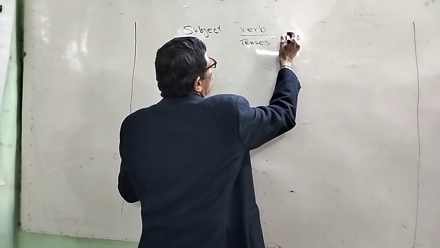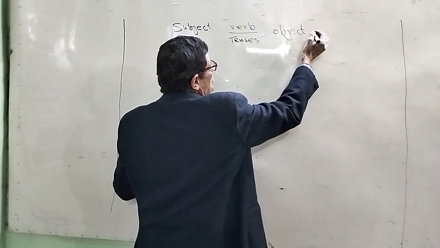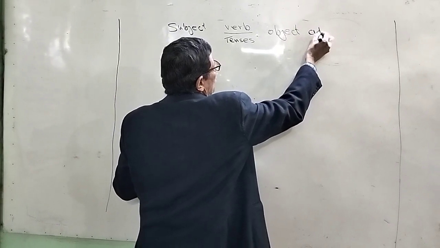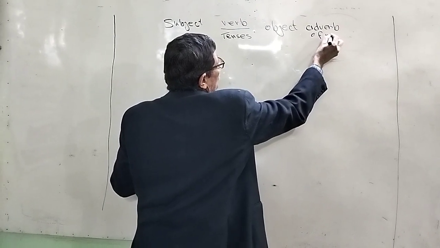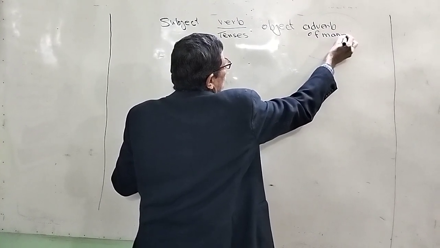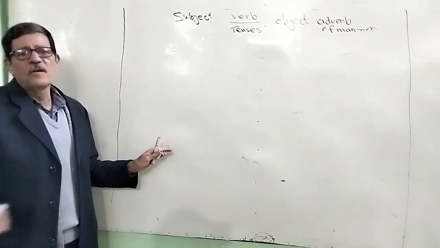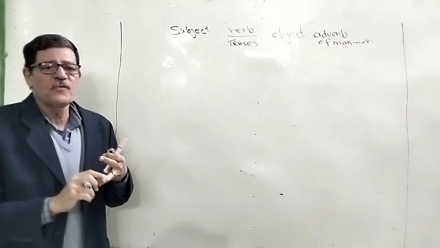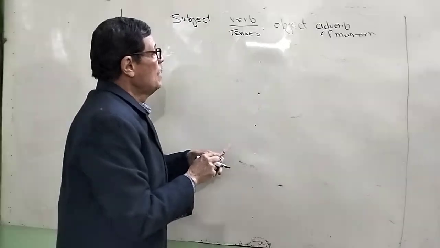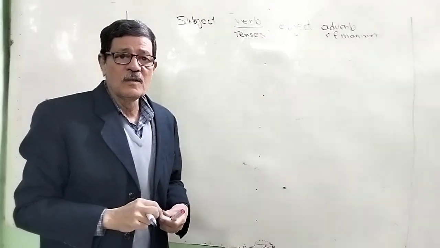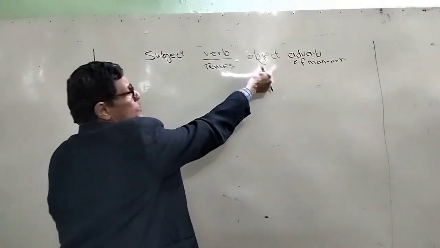After that, object. After that, adverb of manner. These are the four parts of the sentence: subject, verb, object, adverb. Our lesson today is about the forms of the verb after the object.